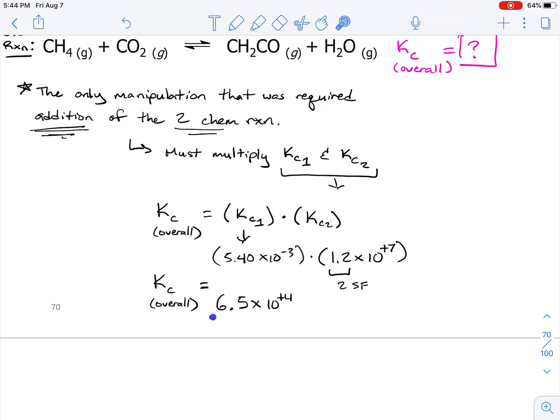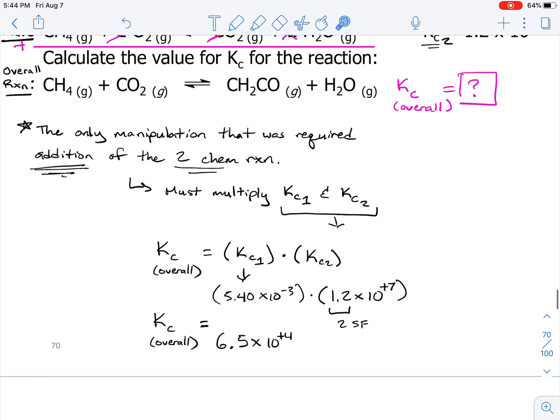Since Kc is 6.5 times 10 to the positive 4, Kc is going to be far, far greater than 1. So what this is telling us is that the equilibrium is going to lie to the right. In other words, once equilibrium is achieved, it's going to favor the production of products. Therefore, at equilibrium, there should be a higher concentration of products than reactants.